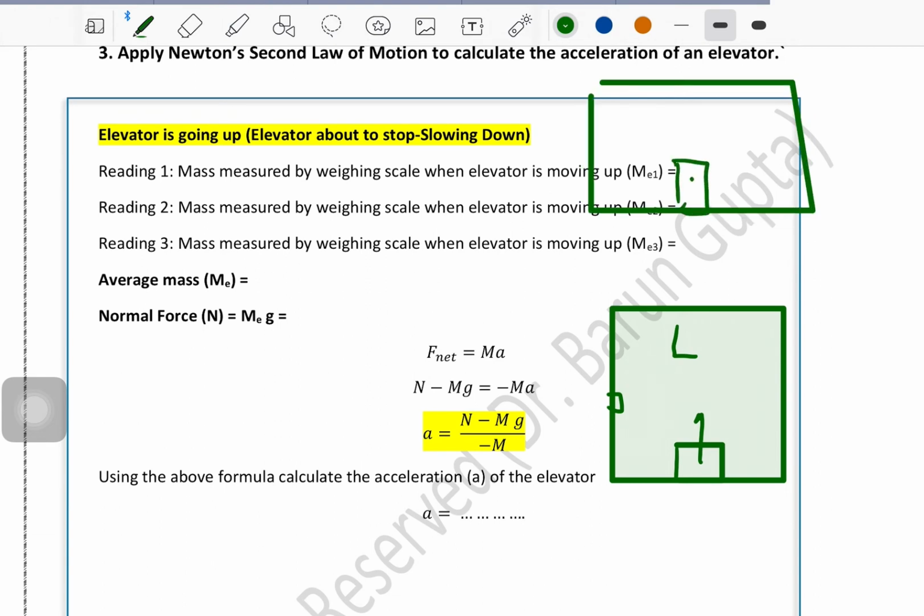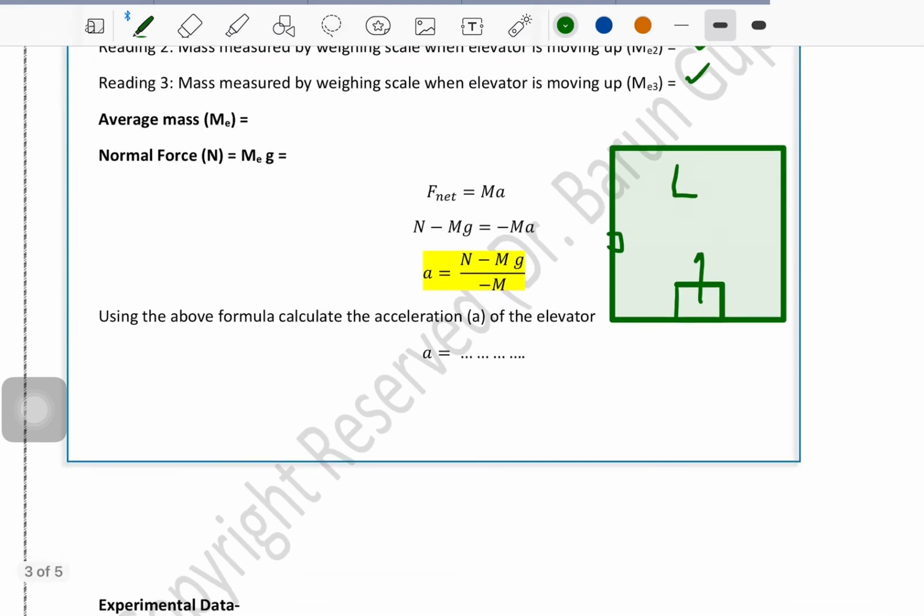And then when it is about to stop, then you will also see a change in the number. And that number you have to record here. Okay. And then again, do exactly the same process, and you will have this number here too. And of course, you will get the negative numbers.